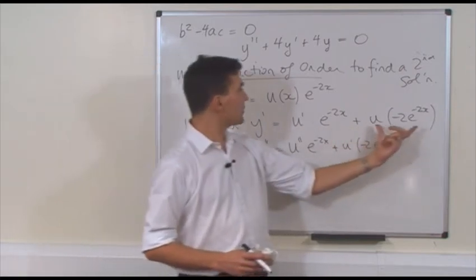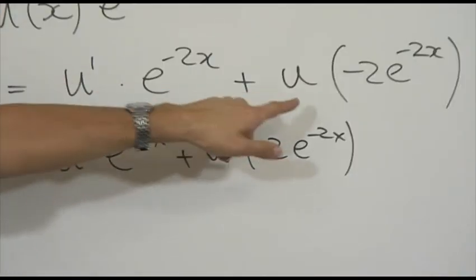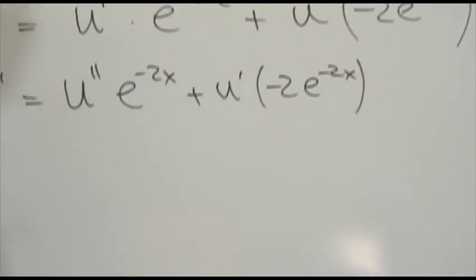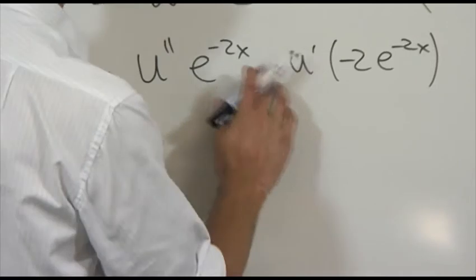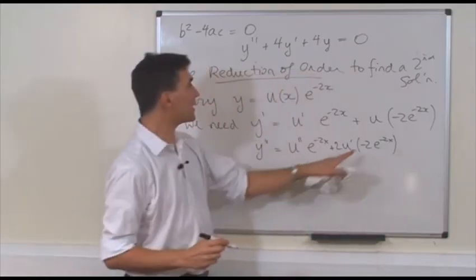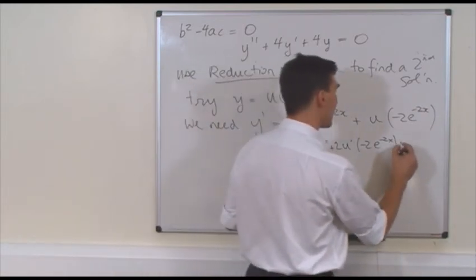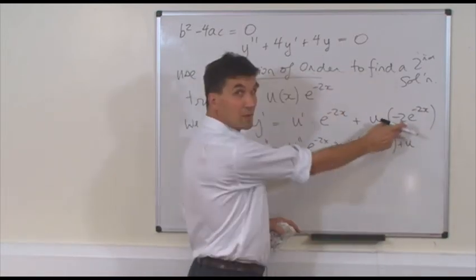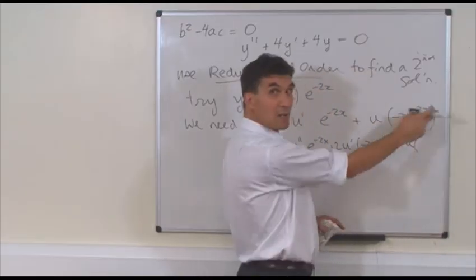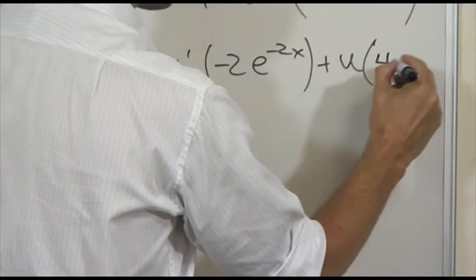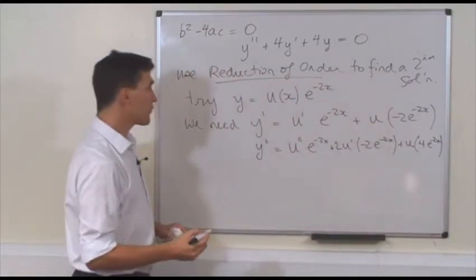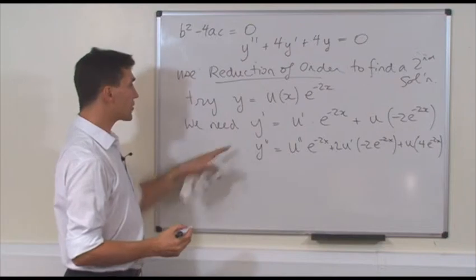Now we have to do the same thing with the second pair. So we differentiate u, we get u prime, so u prime times minus 2 e to the minus 2x. So in fact, it's another one of these. And then we have the u times the derivative of the stuff that's in the brackets. It's a minus 2, and another minus 2 comes down that makes it 4 e to the minus 2x. All right, there's y double prime.